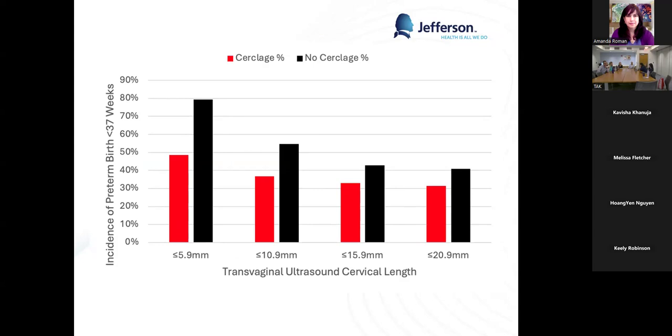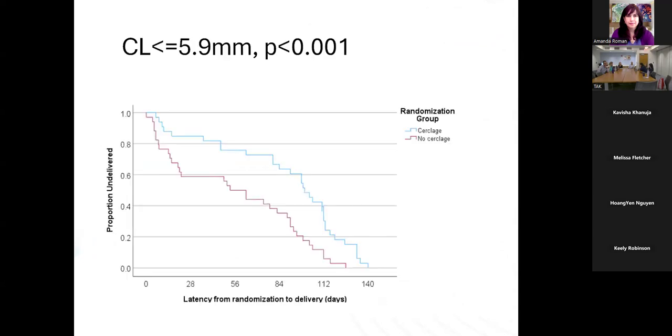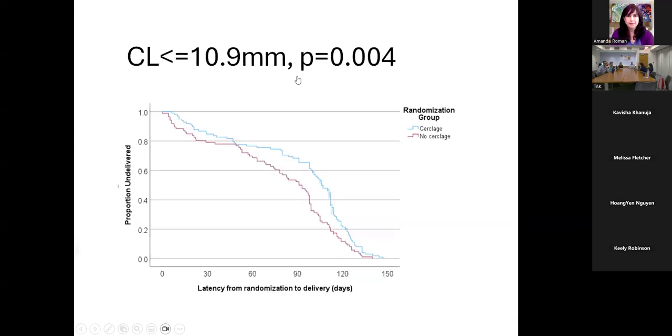And the last piece before I open it up, these are the survival curves. So very significant. I mean, it is as obvious as you can make it, cerclage in light blue really prolongs pregnancy very significantly. 10, very significant, not as dramatic, but certainly a big difference.